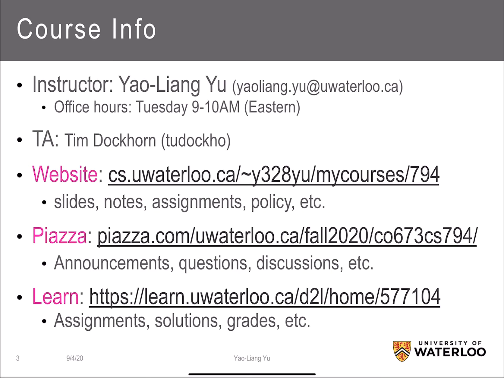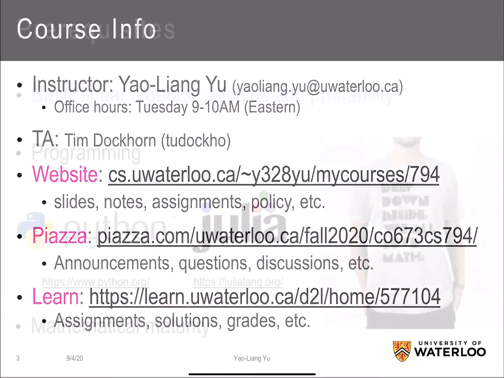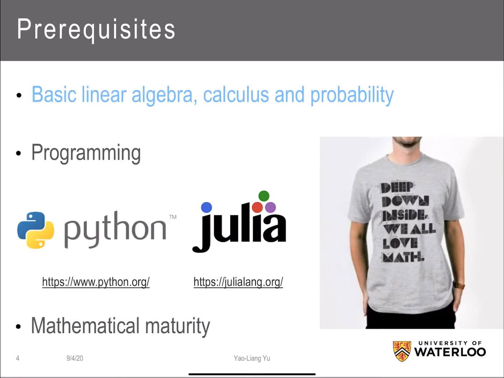Next, prerequisites. Formally, to really understand the things we're going to talk about in this course, you need some basic linear algebra, multivariate calculus, and a bit of probability and statistics. I'm going to review some of them throughout the course, but it will be very helpful if you can review what you have learned before, for linear algebra, calculus, and probability.